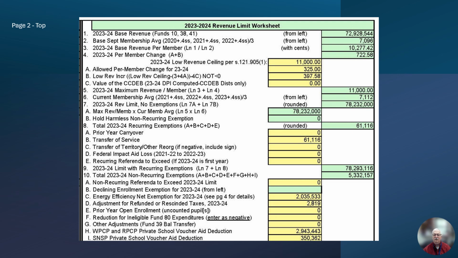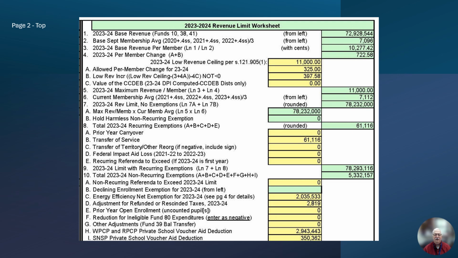No other adjustments applied. Line 7A is calculated by multiplying the maximum revenue amount per member, line 5, by the updated 3-year rolling average from line 6, which generates revenue limit before any allowable exemptions are included.